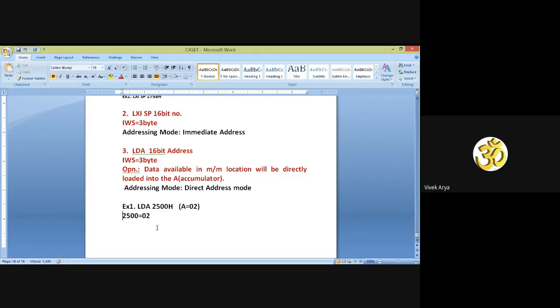Now come to the next instruction, the fourth instruction. Somebody is asking me a doubt regarding, I think, the first or second instruction.